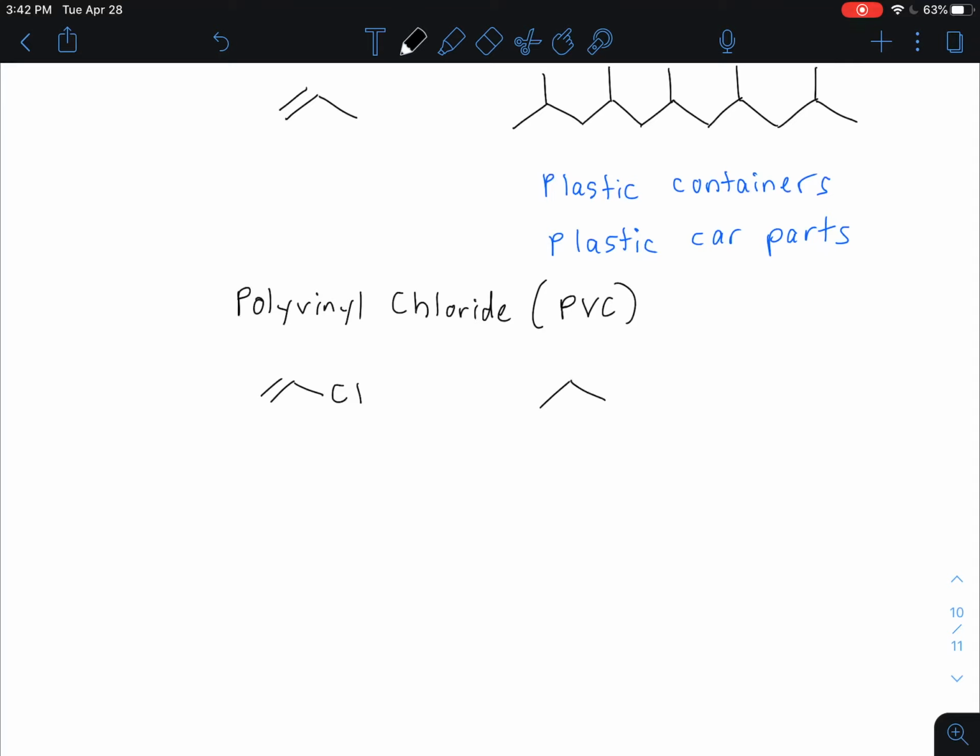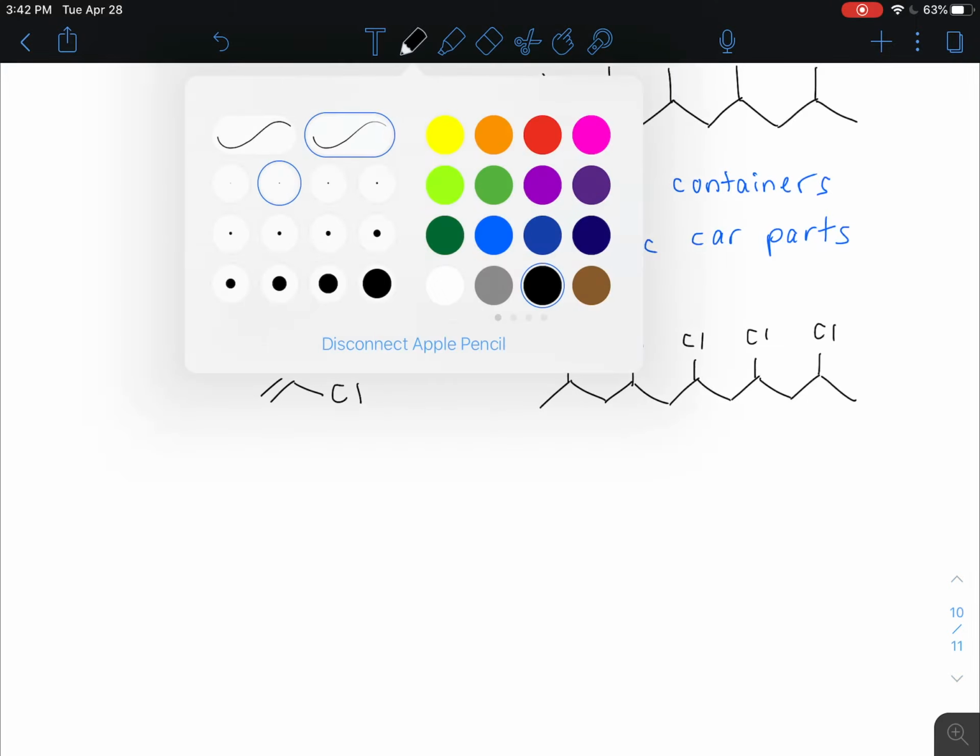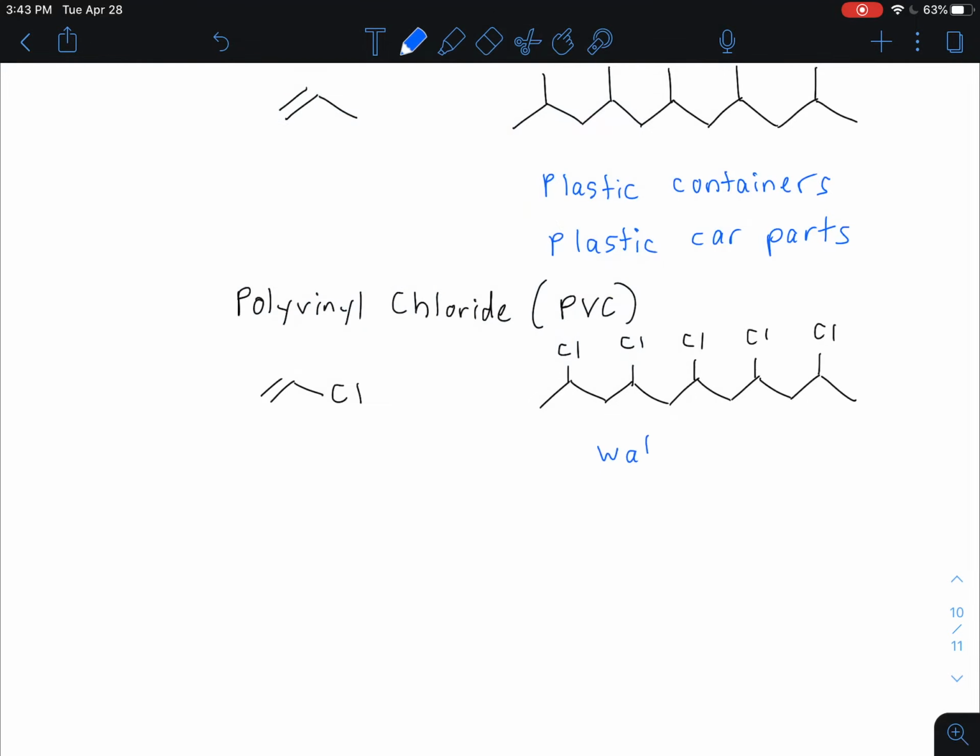So now rather than a carbon chain, there's a chlorine. So then polyvinyl chloride will be almost the same, but now it's every other carbon will have a chlorine on it instead, and this gives it substantially different properties.